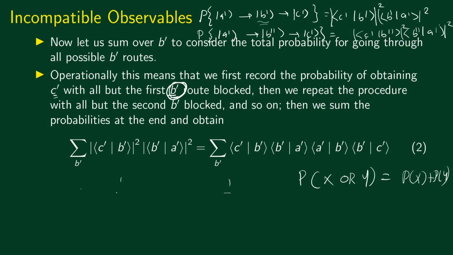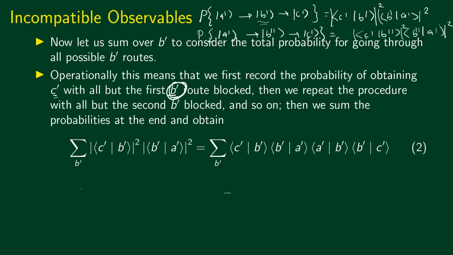Then we block everything except the third B prime, and then everything except the fourth one, and carry out the experiment. Then we can calculate the total probability by the usual rules of finding the total probability. That's why we are summing over all the possibilities.